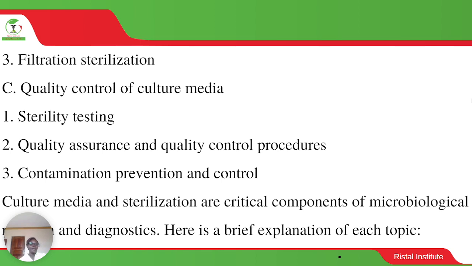Then we have the agar, which is in form of 15 grams per liter. Agar acts as a solidifying agent. Then we have the pH with the buffers, 7.4 plus or minus 0.2. Its role is a relatively neutral pH, and it is non-selective.